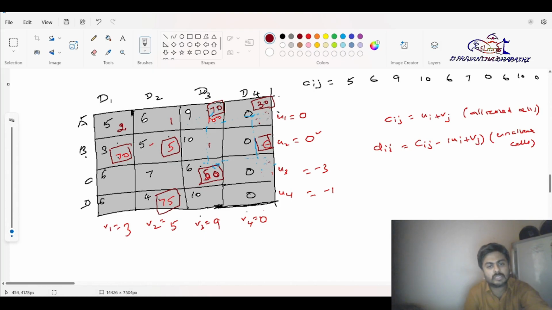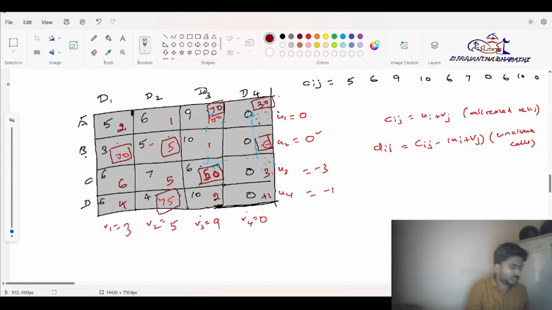Then 6 minus, this is 3, minus 3 is 0, so 6 minus 0 is 6. This is 5 minus 0, that is 5. This is 0 minus 3, and 0 minus minus 3 is plus 3. Here it is 3 minus 1 is 2, 6 minus 2 is 4. This is 9 minus 1 is 8, 10 minus 8 is 2. This is 0 minus 1 is minus 1, and 0 minus minus 1 is plus 1.